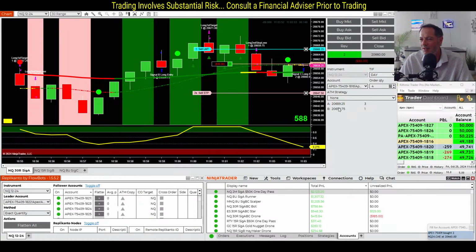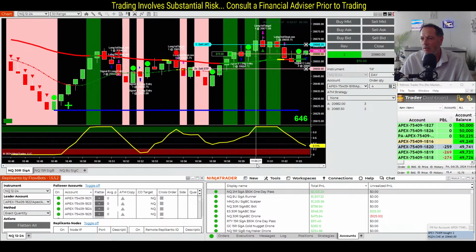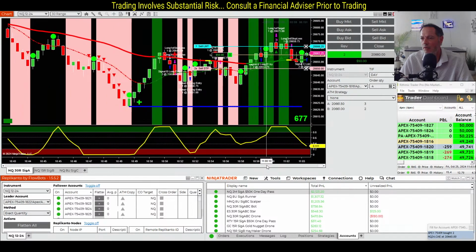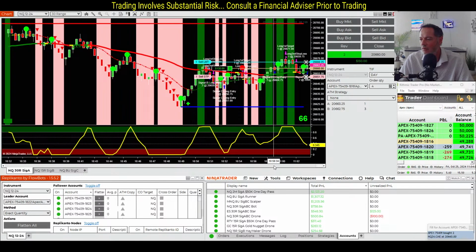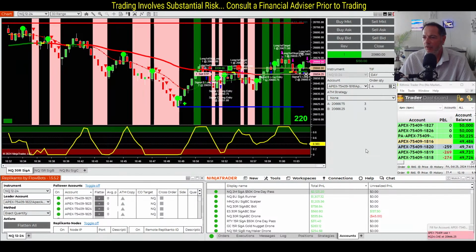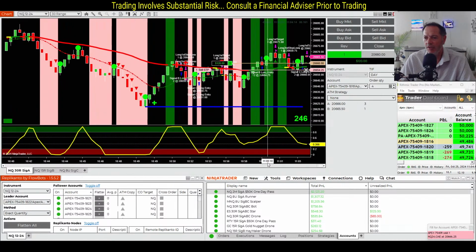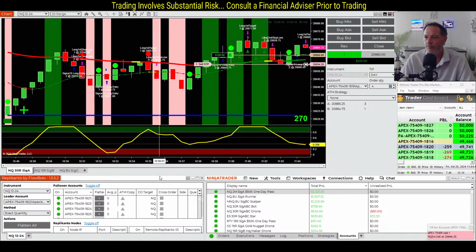Order filled. Order filled. We'll see if this is the one for the scalper. Price is holding 650. 650's been holding tight here for the last few minutes on the NQ.